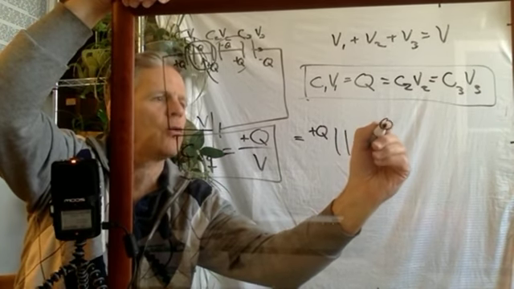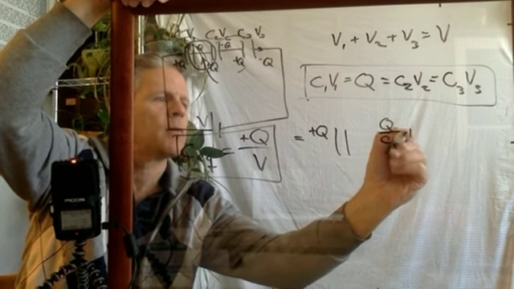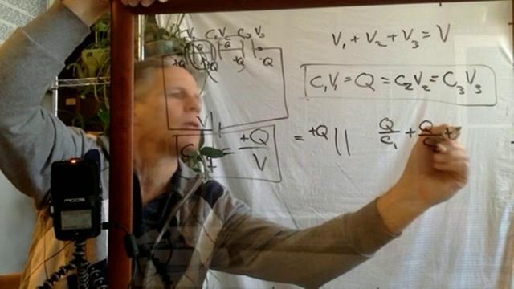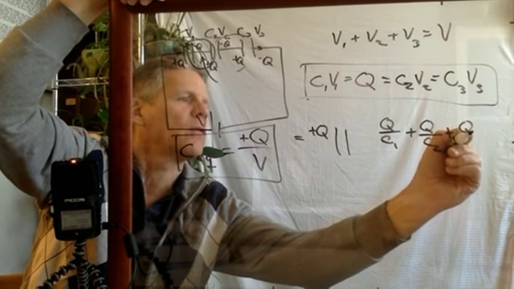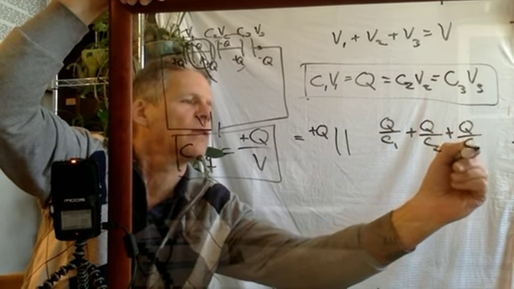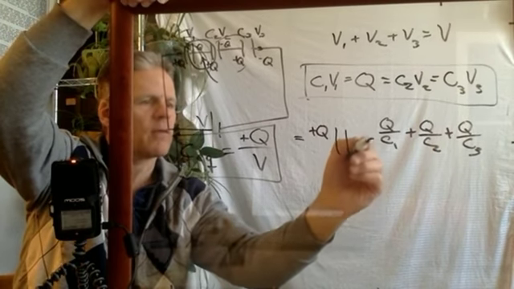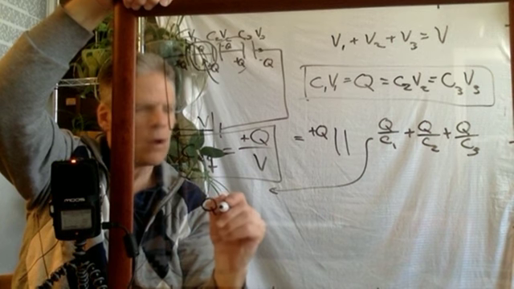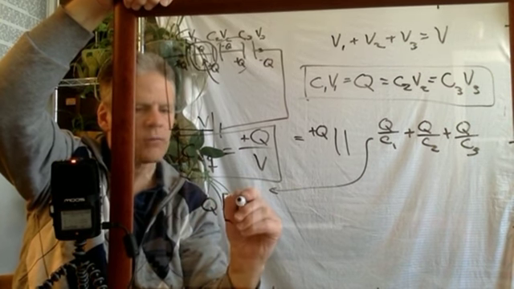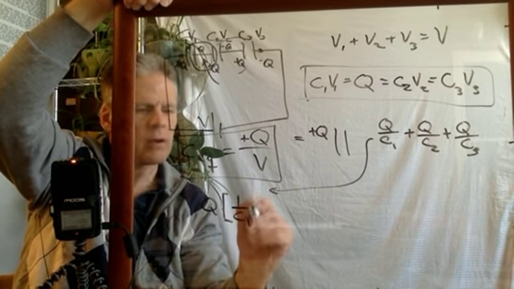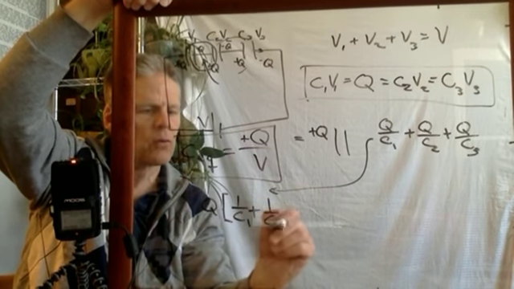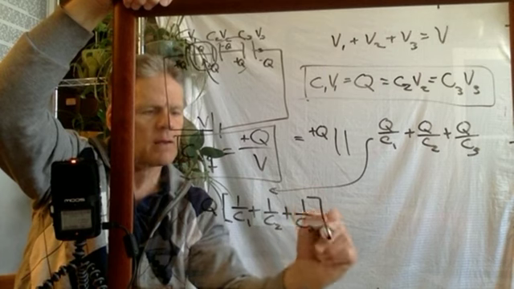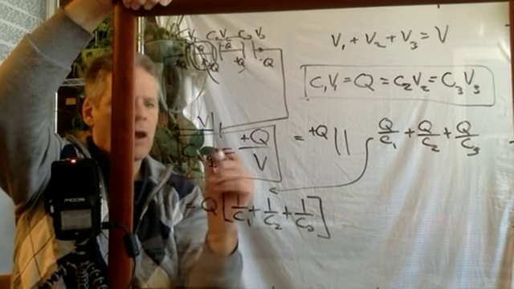V1 is just Q over C1, V2 is Q over C2, and V3 is Q over C3. So what does this give us? This gives us Q times 1 over C1 plus 1 over C2 plus 1 over C3.